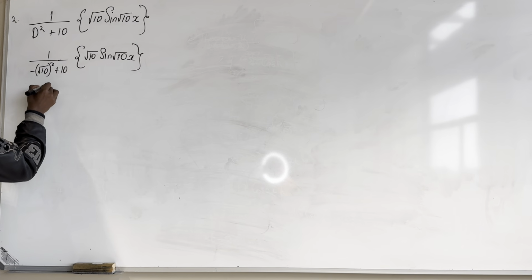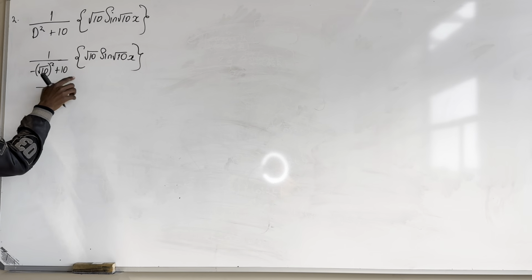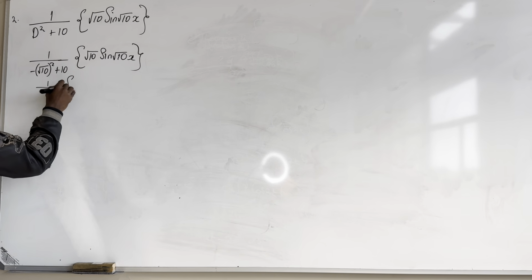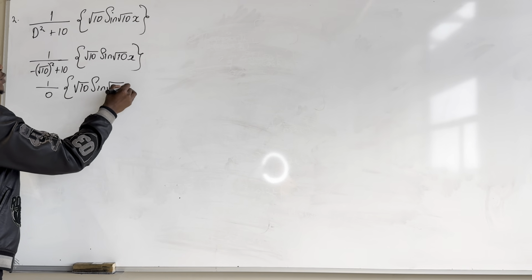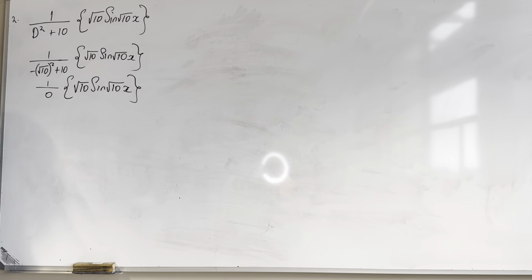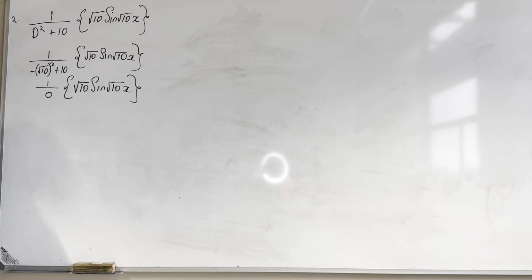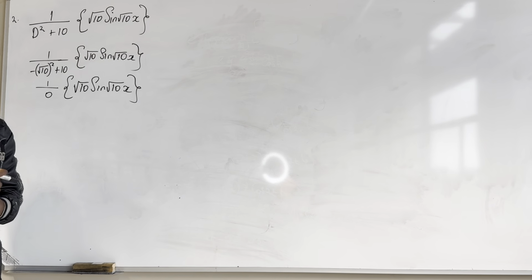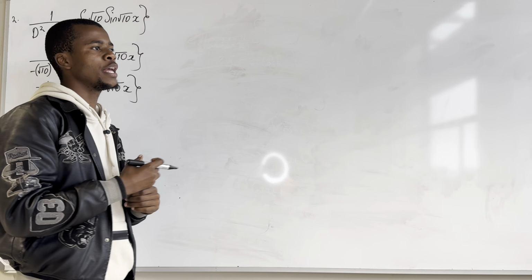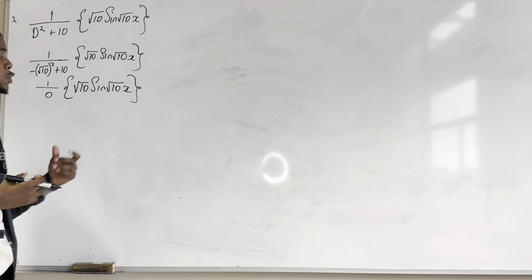Noticing this, the root of 10 all squared is 10, and then minus 10 plus 10 is 0. So this is a certain case whereby theorem 3 fails, or breaks down, and we need to apply the complex form, and then apply theorem 2 to solve this problem.